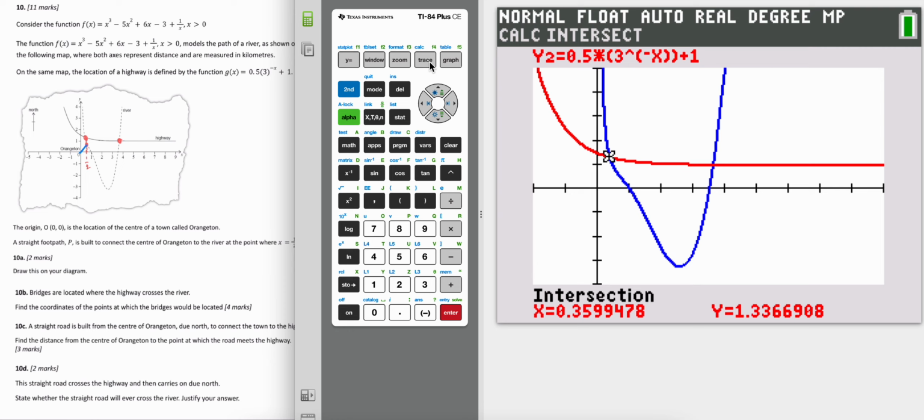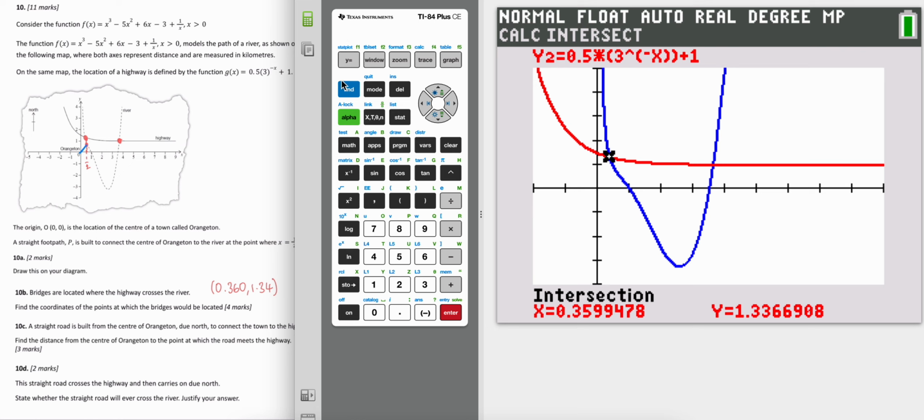There's 2, so I'm going to find the left-hand one first, so that's the one around here, and I can see that that's 0.3599, or to 3 significant figures, that would be 0.360, and then the y coordinate there to 3 significant figures is 1.34.